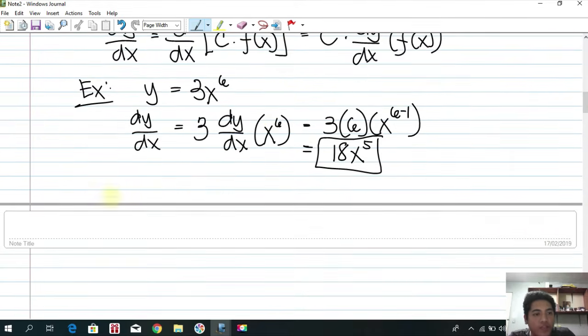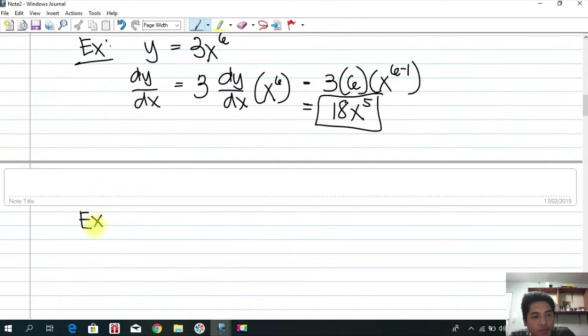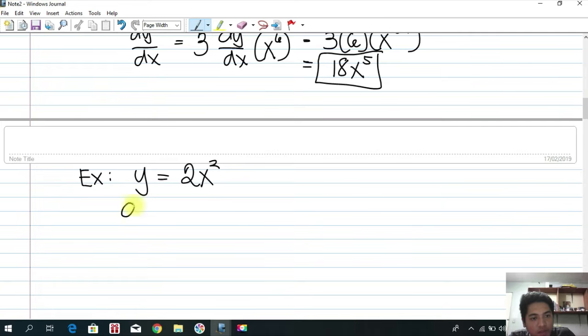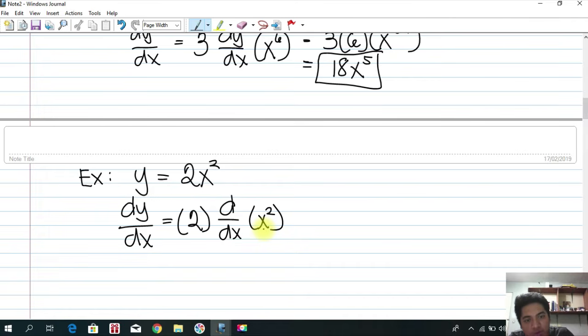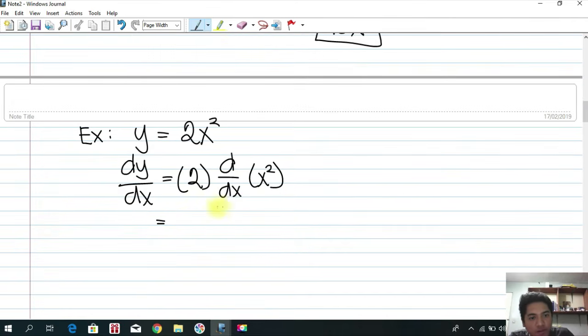Okay, so another example is this. For example, we have here y equals 2x squared. In order to get the derivative of this, we have to leave the constant itself and get the derivative of the function x squared. So we have here 2 times the derivative of x squared.